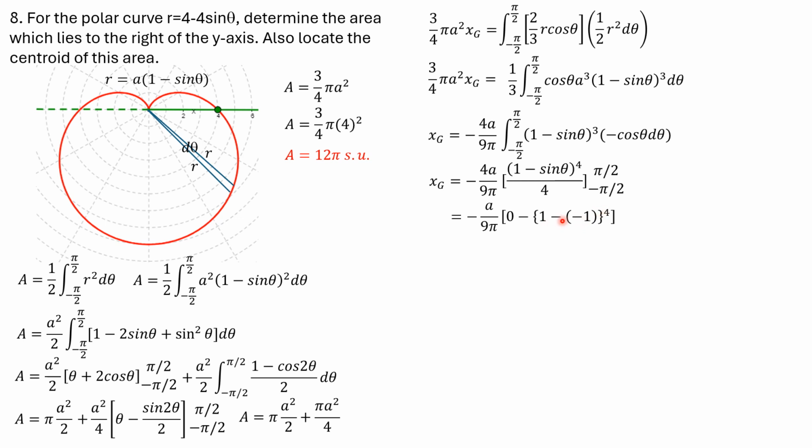So negative 16 times negative a over 9 pi is the general location of the centroid in terms of a: 16a over 9 pi. And because a is 4 in this problem, x sub g is 64 over 9 pi.